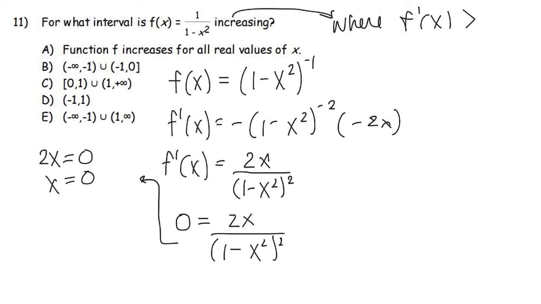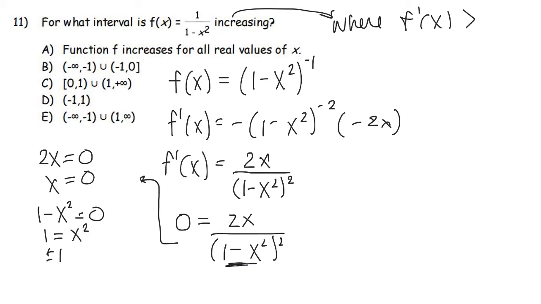And then we also need to talk about where this derivative would be undefined, because we have strange stuff there. Or let's talk about what would be vertical asymptotes. On the inside here, if I set 1 minus x squared equal to 0, then I add x squared over and take the square root of both sides.